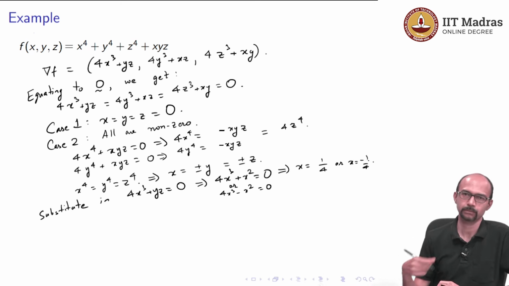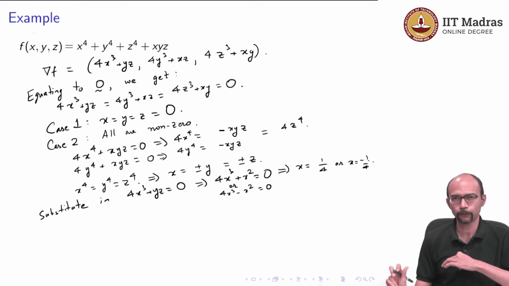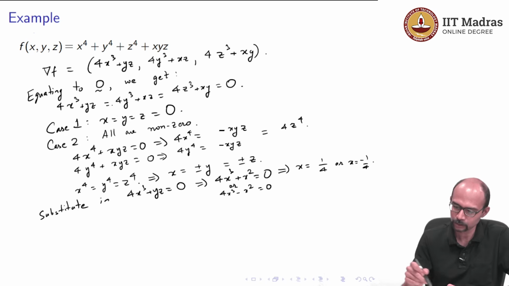And then for y and z also you will get these three. Of course, all possible solutions may not be correct, because they have to satisfy these equations over here.